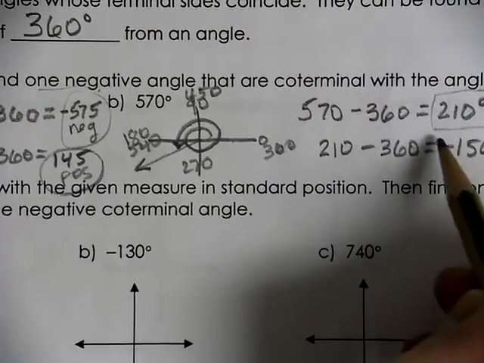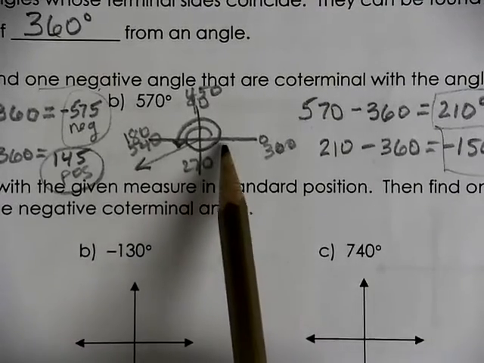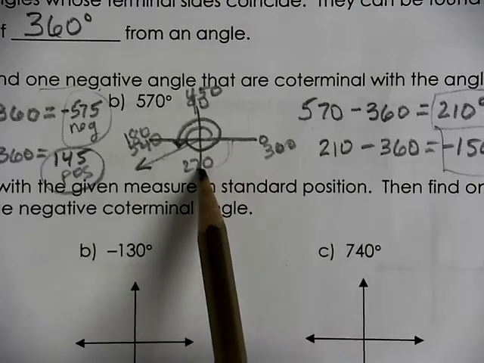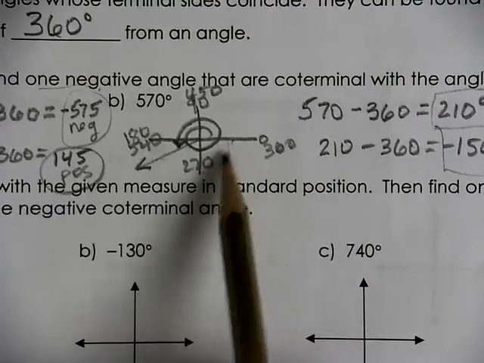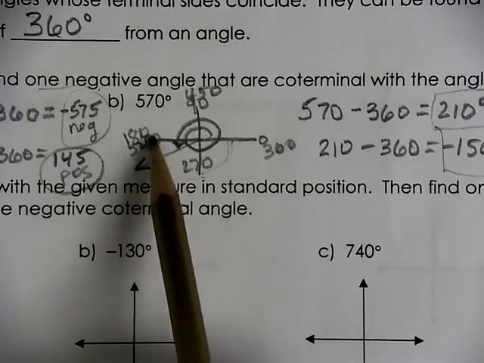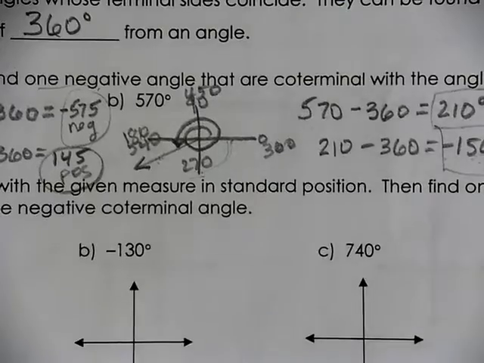That's my negative answer. And that makes sense, because if I'm down here in a negative direction, I'm going to be more than negative 90. I'm going to be less than negative 180, and I'm 30 degrees off. So that is 30 degrees less than 180.